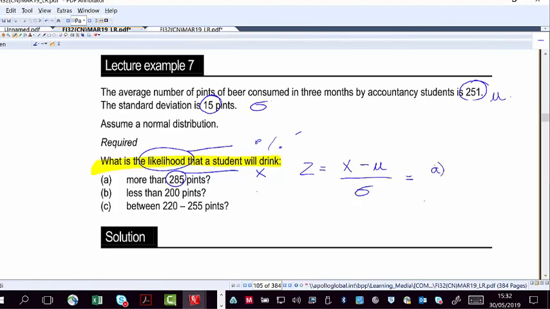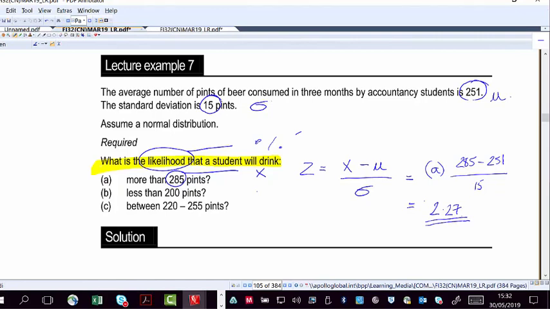So if we look at requirement A, X becomes 285 minus the mean, which is 251, divided by the standard deviation, which is 15. So the Z-score for requirement A is 2.27.